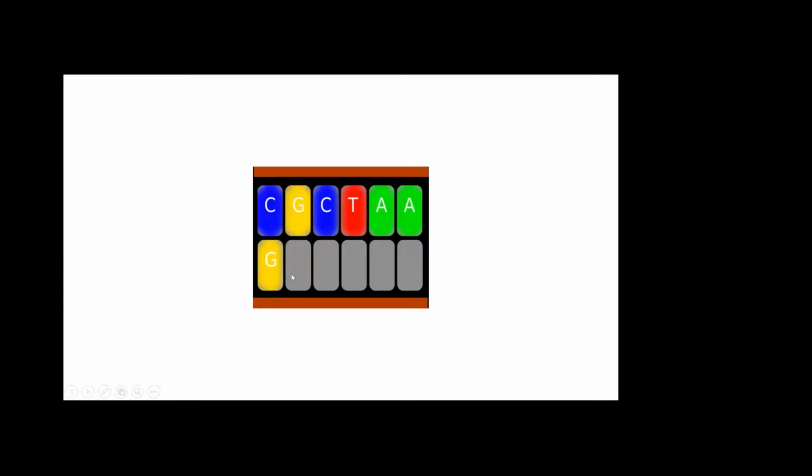C. And the next one? C. And the next one? C. A. And then? A. T. T. Got it! Bravo! So that's how DNA replicates.